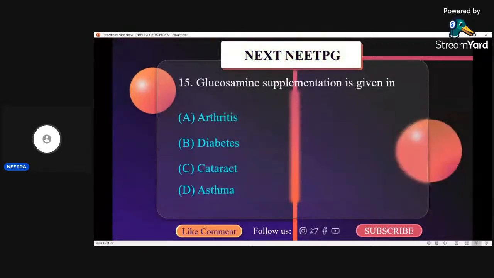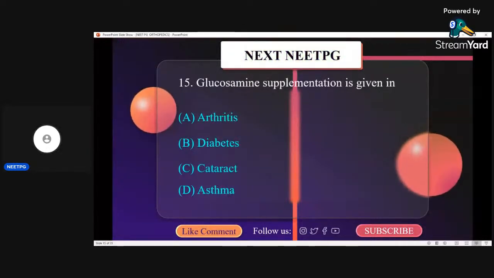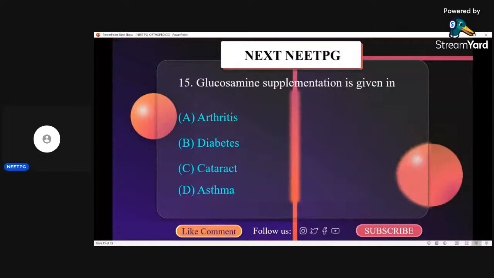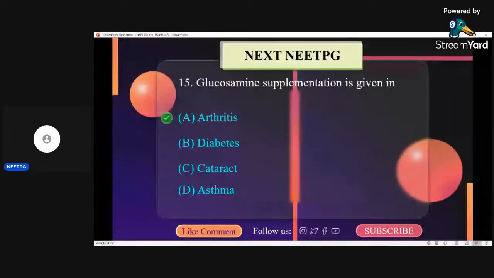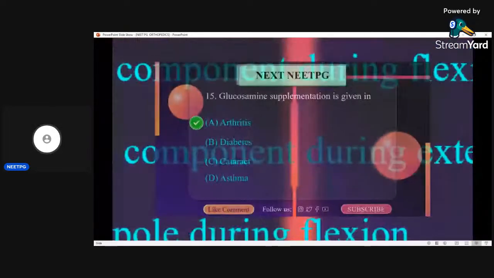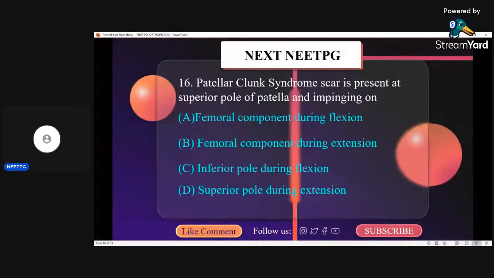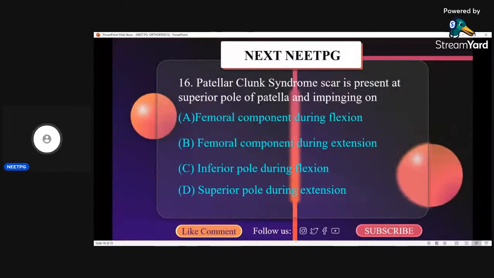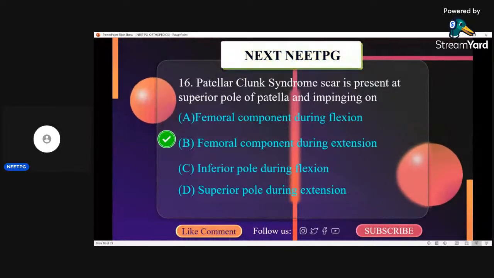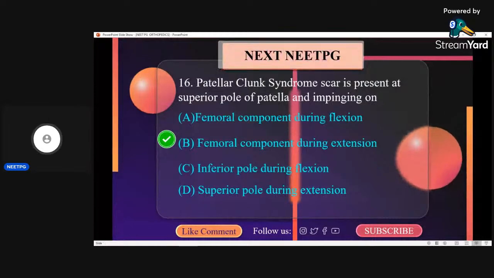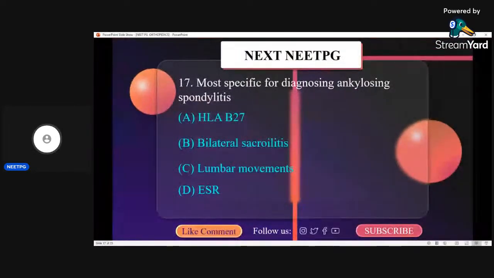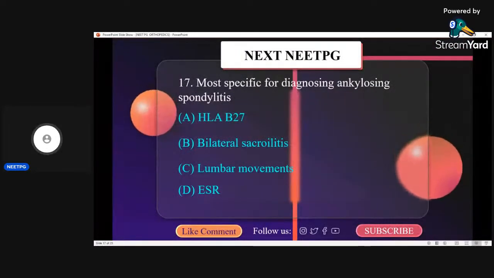Glucosamine supplementation is given in, we all know, arthritis. Patellar clunk syndrome is due to the superior pole of the patella impinging on the femoral component during extension. Most specific for diagnosing ankylosing spondylitis is bilateral sacroiliitis. What is the most likely cause of abnormality in the wrist X-ray?